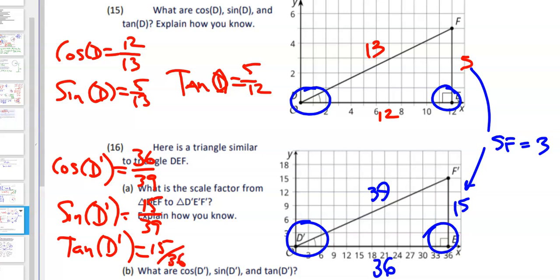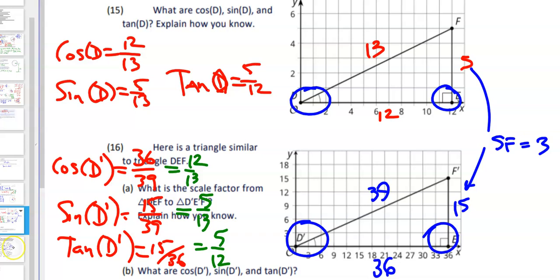And if I were to simplify those fractions, what I would end up with is 12/13 from problem 15 for the first one, cosine. Sine, I get 5/13, and tangent, I get 5/12. So again, this is more support that the triangles are similar because the ratio between the sides is the same in the simplified fractions.